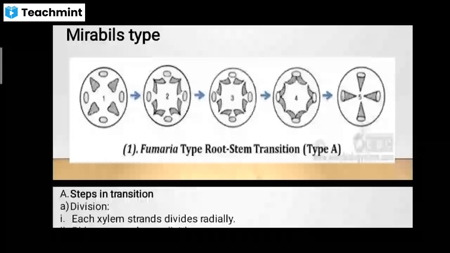So in the fourth stage, the rotation takes place, and the exarch xylem strand is converted into the endarch xylem strand.